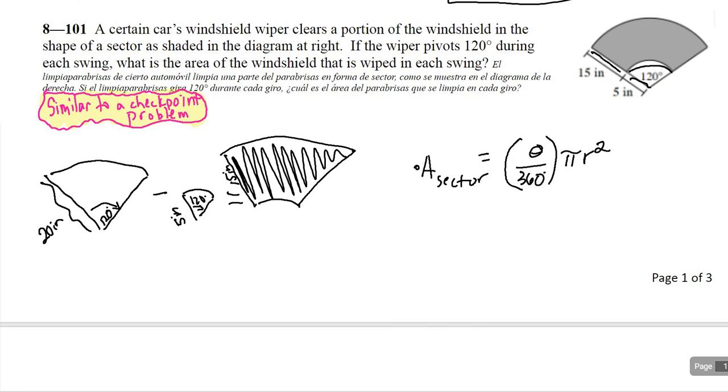Okay, so the area of the whole arc, including the part we want to subtract, is 120 divided by 360 times pi times 20 squared. And I need to subtract this little part, which is, again, 120 divided by 360 times pi r squared. In this case, r is 5. And that is going to equal the number that we want.